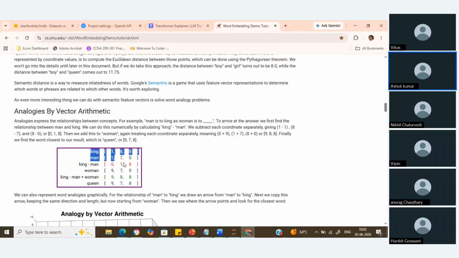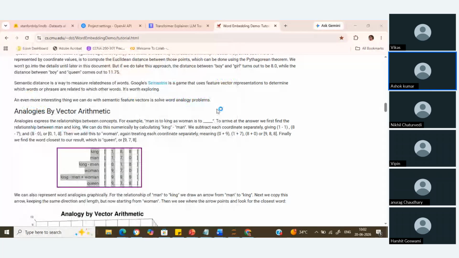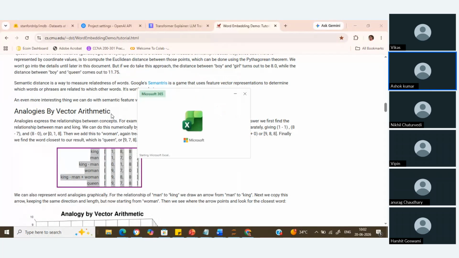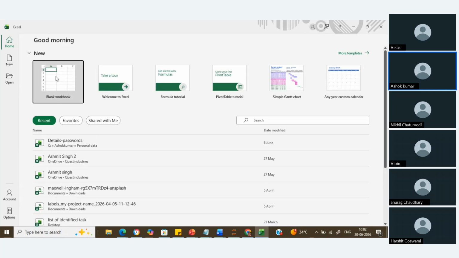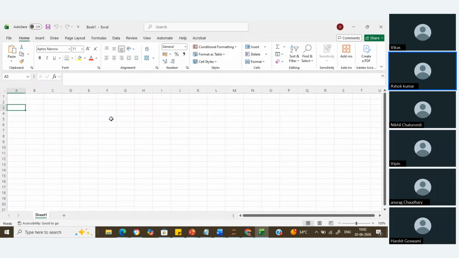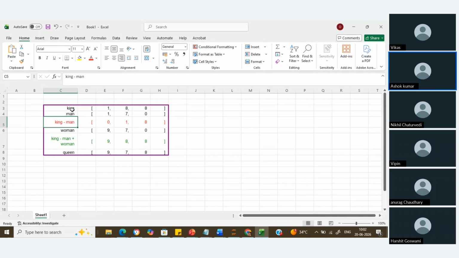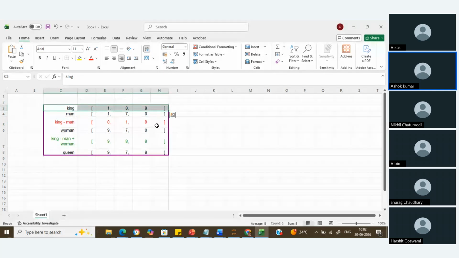So let me try to visualize it. It is good to understand the motive behind this word embedding. So I'm having these particular values. This is a picture. King is 188.